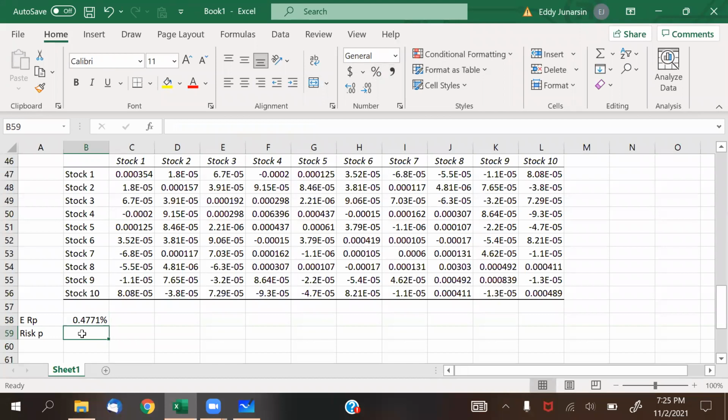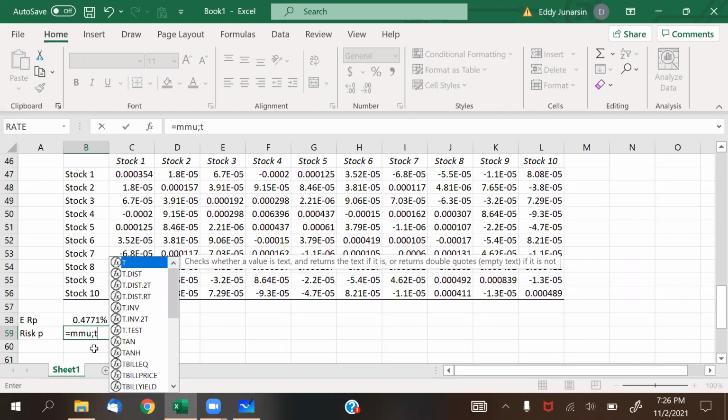And we could calculate the risk of the portfolio quickly. Again, we have to use matrix operations because it would be quite dangerous if we write it manually. We have 10 stocks here. Can you imagine? 10 stocks require 45 pairs. Remember the logic there. How can we write 45 pairs in Excel? That would be quite dangerous. There will be a lot of errors. So what about the risk?